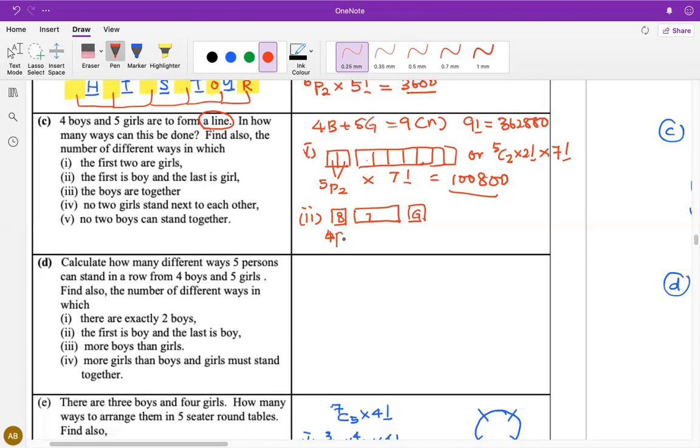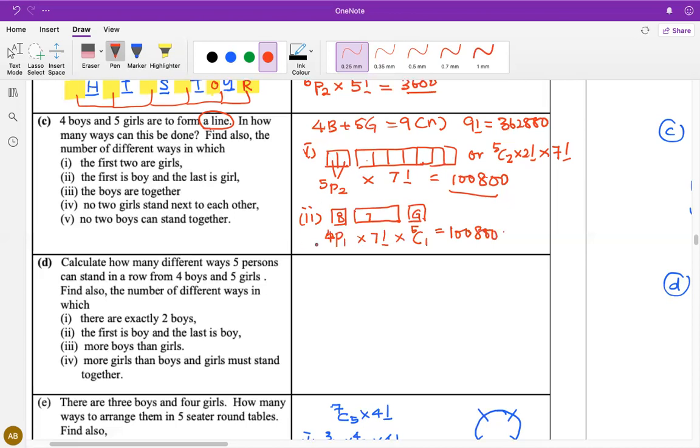We choose 1, 4 choose 1, and 5 choose 1 girl. And then in the middle is 7 factorial. So you get your answer. 4P1 and 4C1 is the same, because you get the same answer. So 4 times 5 times 7 factorial.